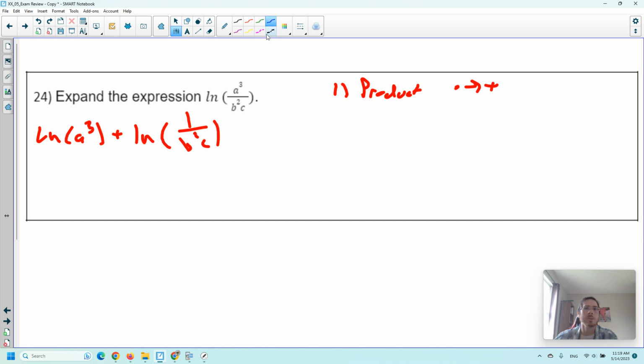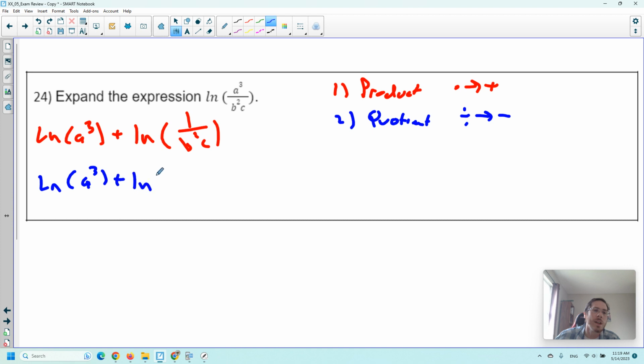Next rule we're going to do is the quotient rule. We're going to turn division into subtraction. So ln of a to the third plus ln of 1 minus ln of b squared c.